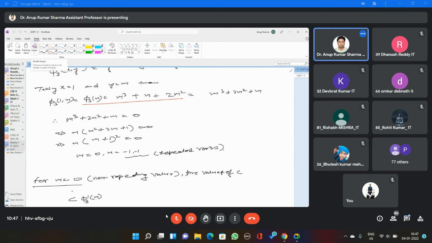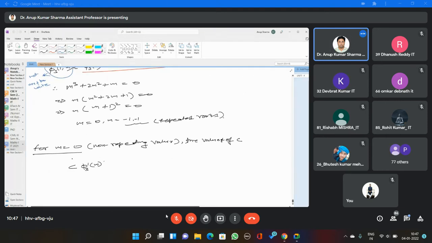So phi 3 of m, plus now c is single. If it were c square, then one degree would be decreasing.